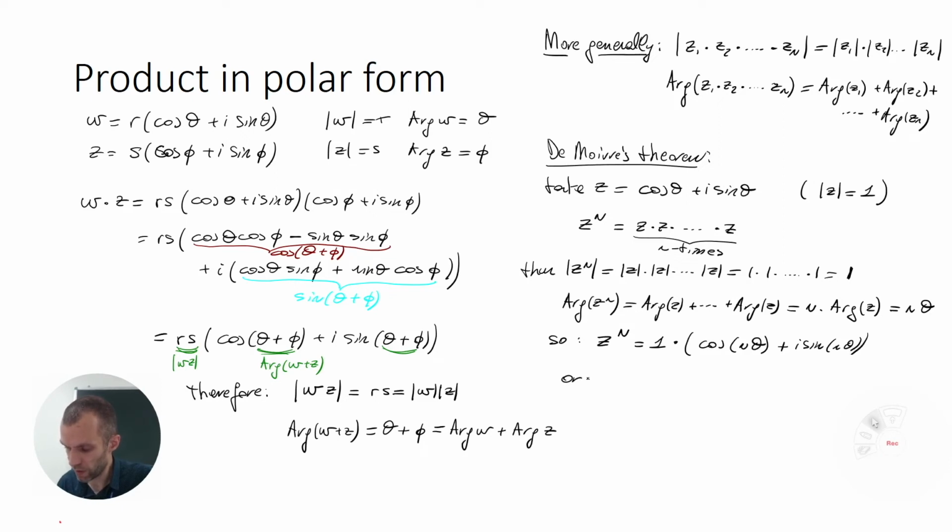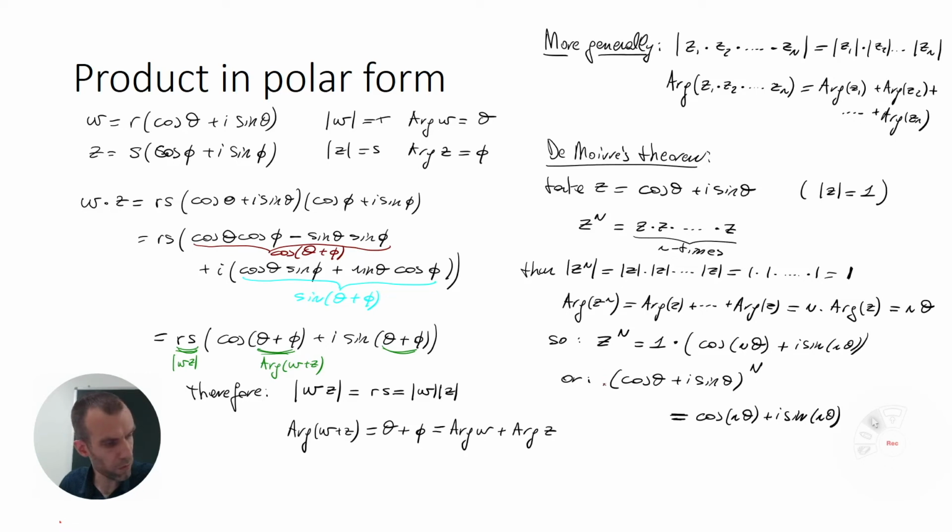And we can write that a bit differently to say cosine theta plus i sine theta. So now I'm writing out what Z is. To the power n is equal to cosine n times theta plus i times sine of n theta.